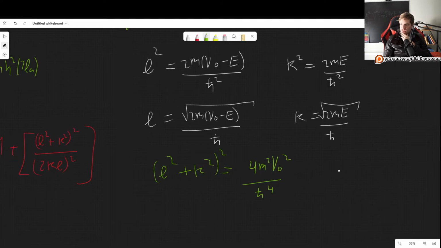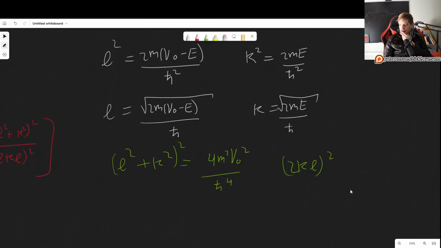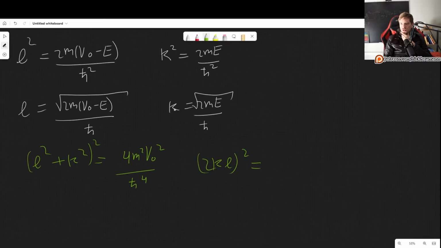Now, what about 2KL squared? Well, it's basically K squared multiplied by L squared, if you want to look at it that way, or you can take these square roots and square later, it's the same. So we get 4mE times 2m(V0 minus E) divided by h bar to the 4th power.